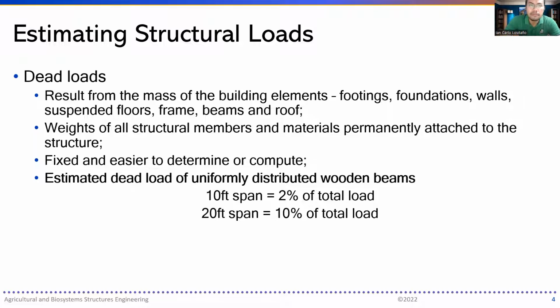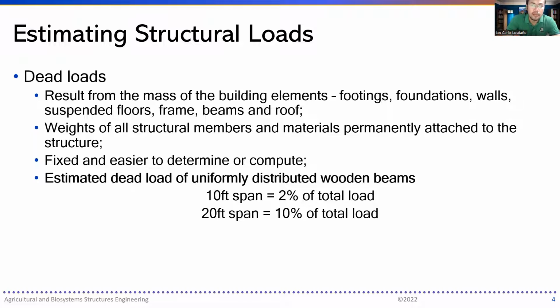The dead loads refer to the mass of the building elements that support the whole building itself. So you have there the footings, the foundations, the walls, the suspended floors, the frame, the beams, and the roof. Generally, these are simply the weights of all the structural members and materials that are permanently attached to the structure. Since these are fixed and permanently attached, these are easier to determine or compute.